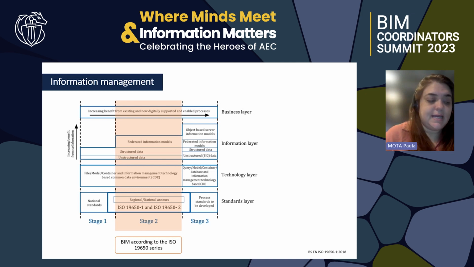I wanted the project that I was working on to achieve at least stage 2 of maturity. And this is what it means: we have federated models, structured data, unstructured data, and a CDE working. So we have a lot of components that make BIM stage 2 of maturity.